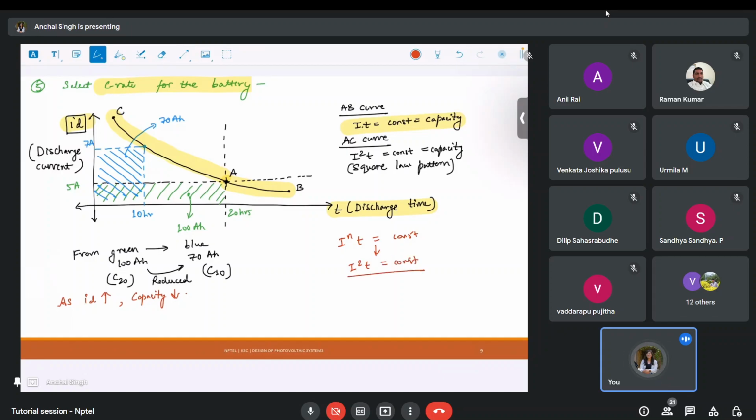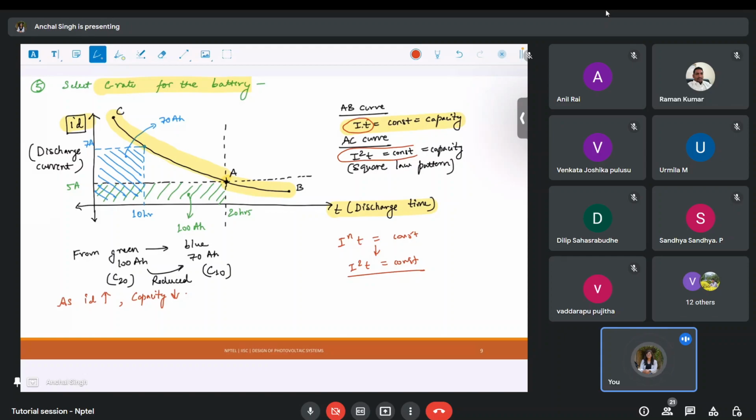So in A to B region the equation is I into t equal to constant, and from A to C region the characteristics shifts and it could be more closely approximated as I square t equal to constant. So depending on in what region I am trying to operate in this I versus T curve, my C rate of the battery will vary.